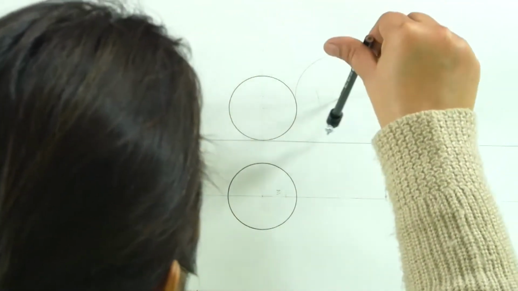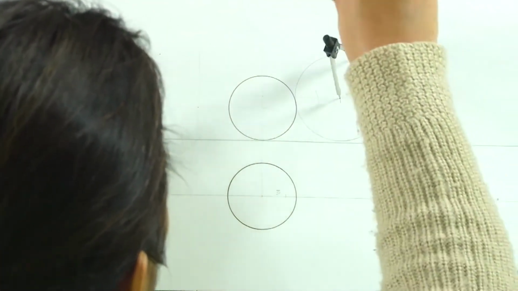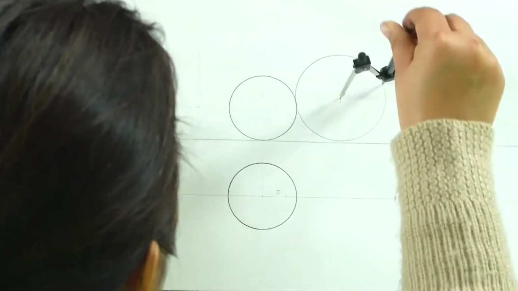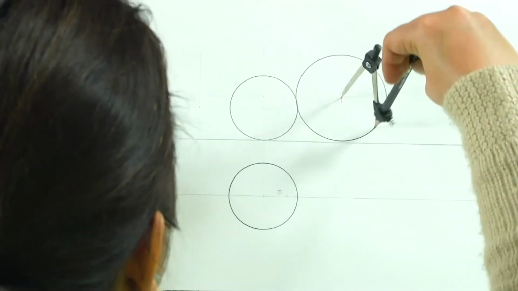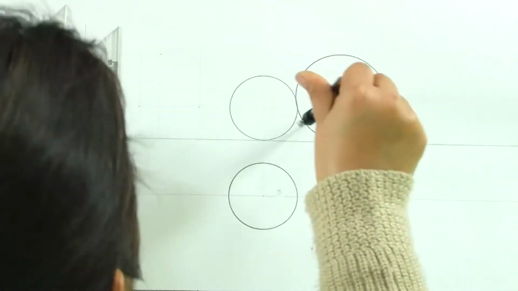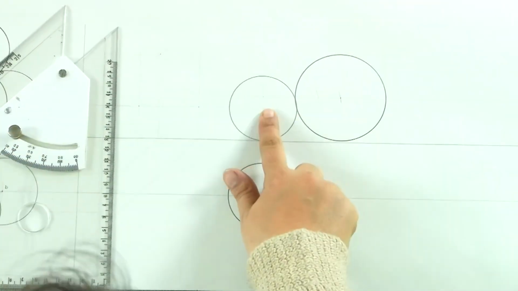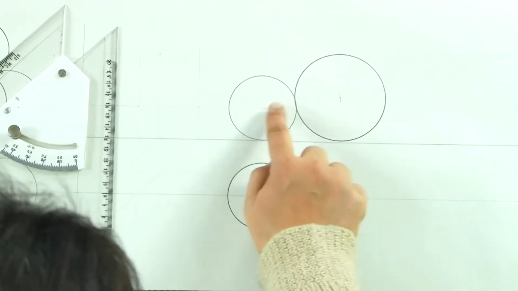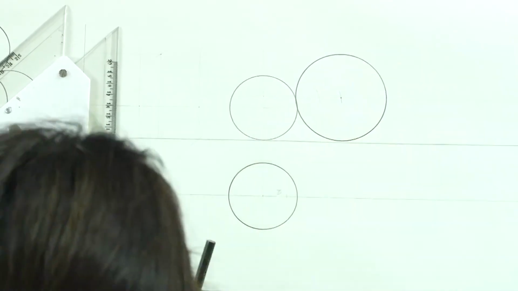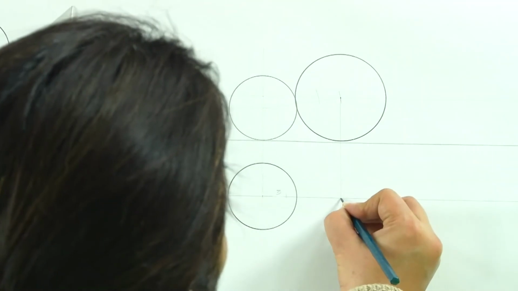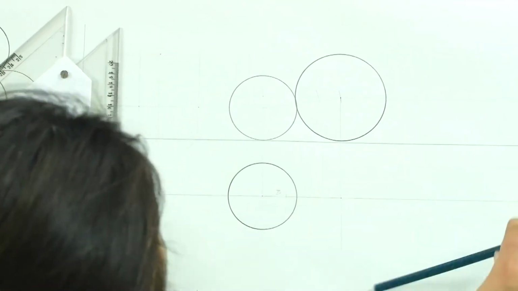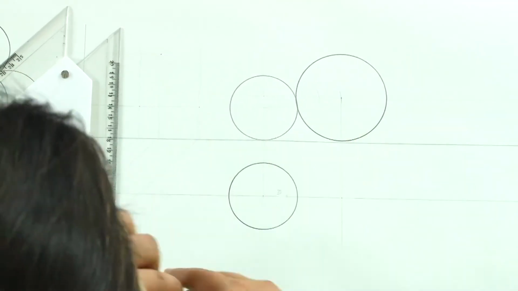So, these two spheres, there will be this bigger sphere which will be touching the smaller sphere, connected like this, and if we see in the top view, we know that the line connecting these two centers is parallel to VP.